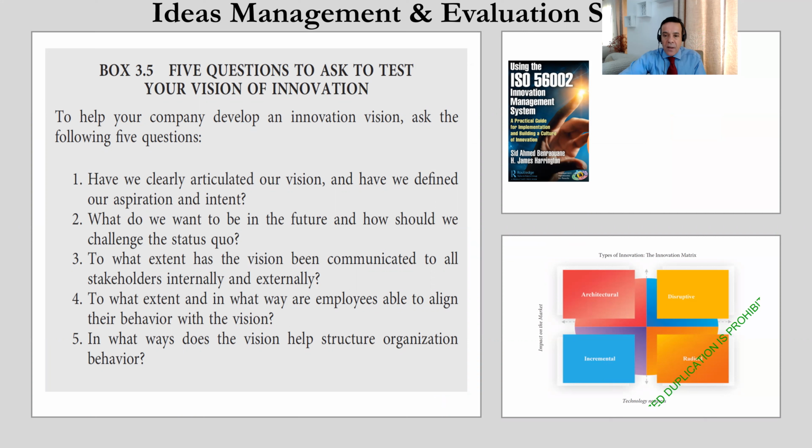We also present another model that talks about innovation strategy with respect to impact and with respect to technology newness. How new or how novel is the technology? From that perspective, you can have, again, disruptive innovation, architectural innovation, incremental innovation, and radical innovation.